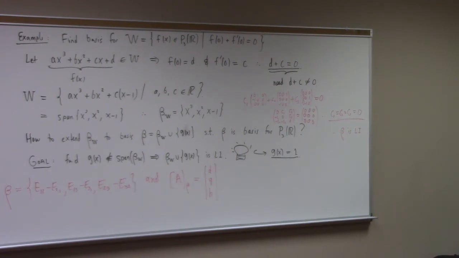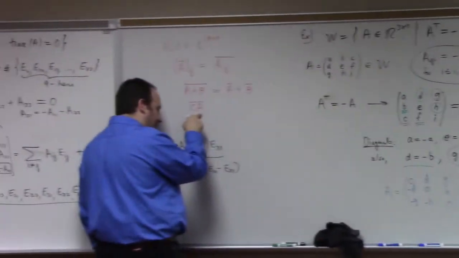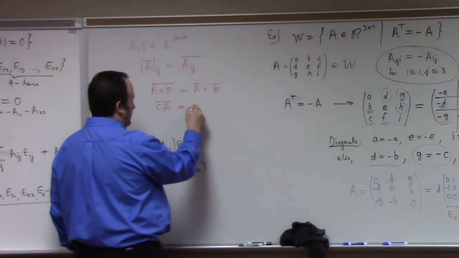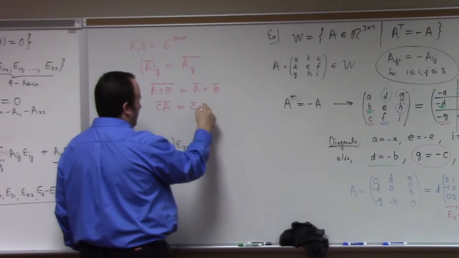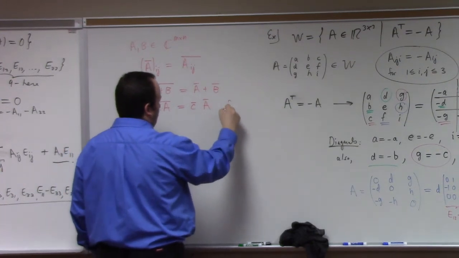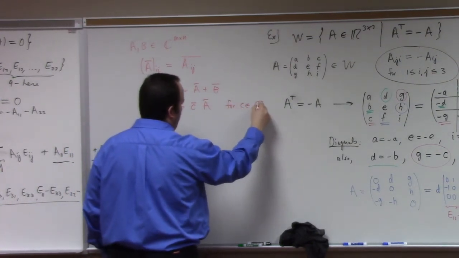And with respect to component-wise complex conjugation of a matrix, you can prove that the conjugate of a sum of two matrices is the sum of the conjugates, and you can also prove that C times A conjugated is the conjugate of C times A, and this is for C in the complexes.